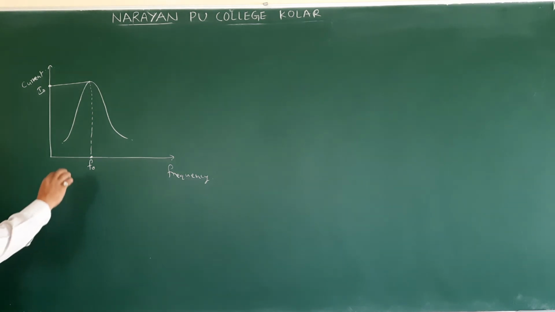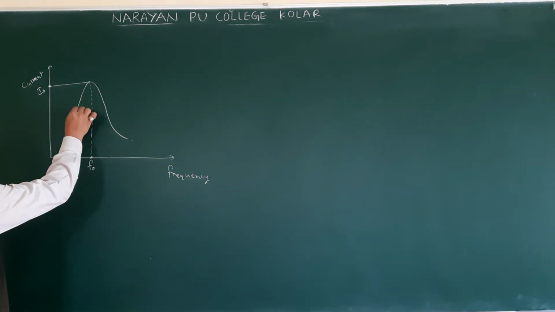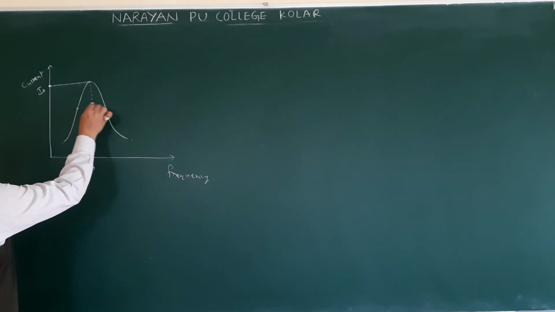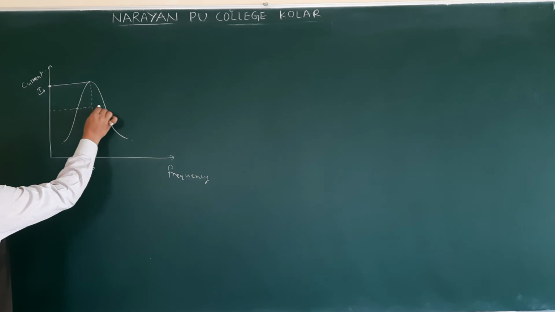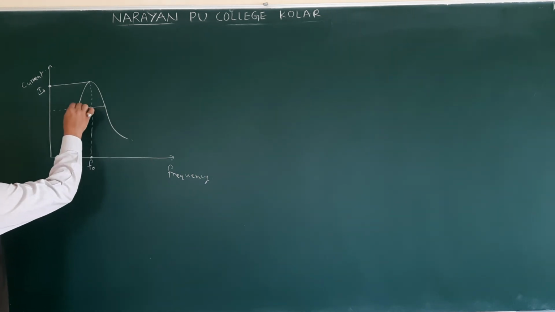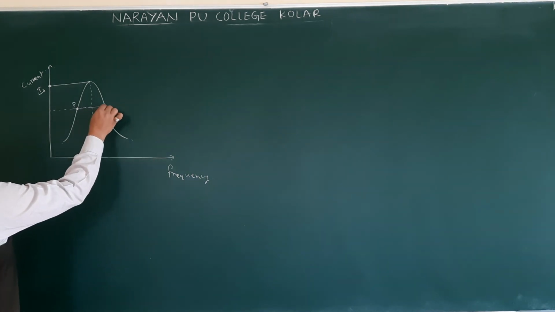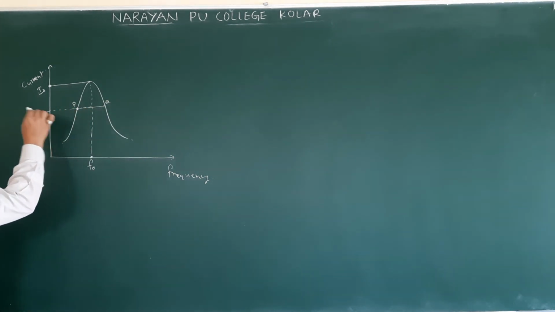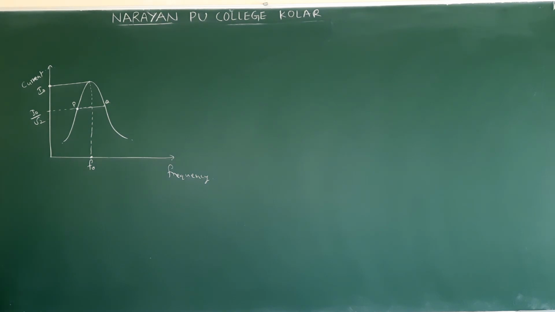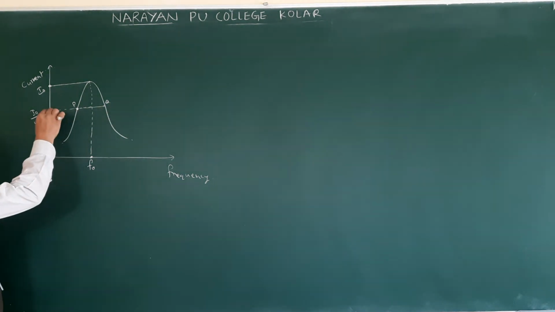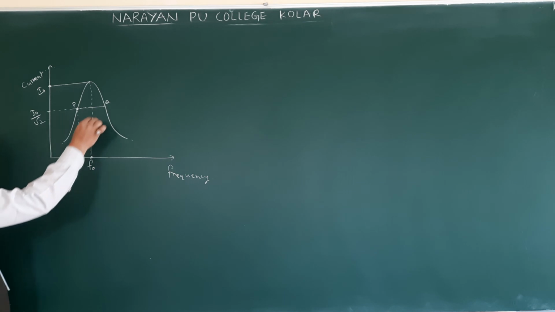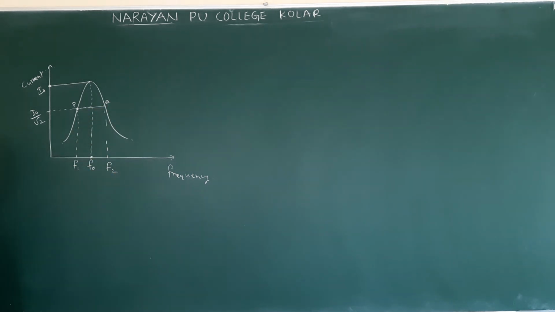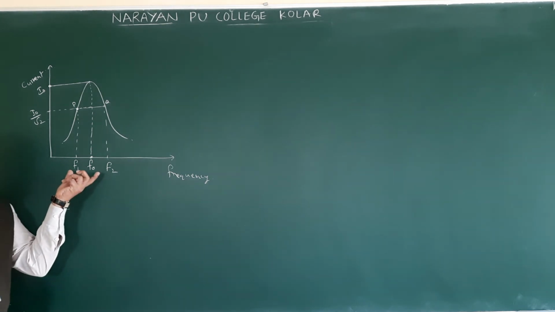But if we take two points here, how much current is here also? The same current, at this point P and at this point Q. Let us assume the current is I naught by root 2. So at P and Q the current becomes I naught by root 2, which means at these two points we have frequencies f1 and f2.